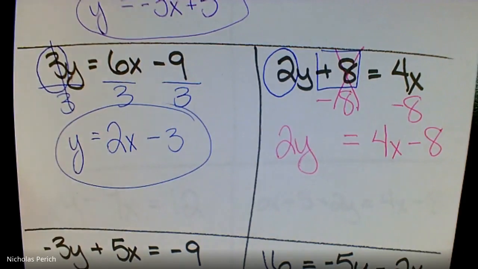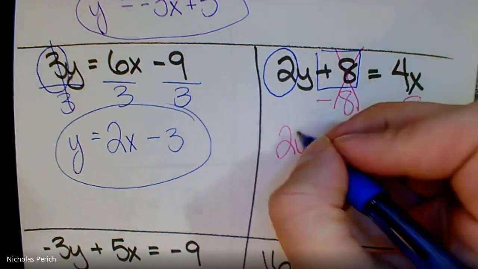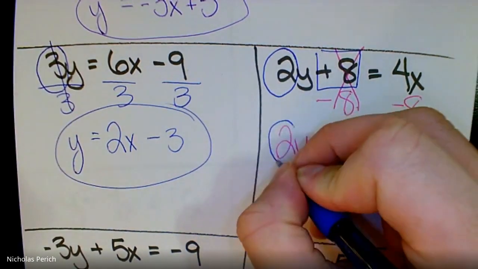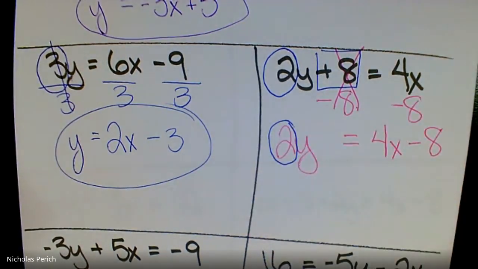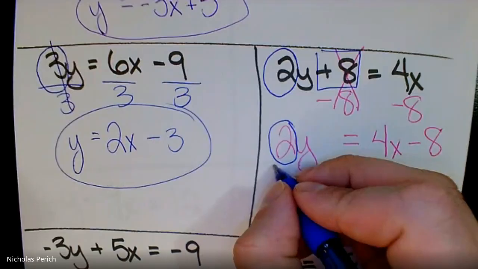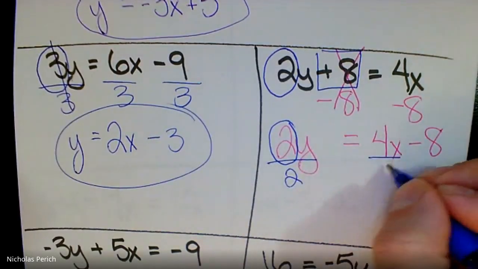Is y all by itself? No. What's in the way? 2, and it's attached to y. So how do I get rid of it? Divide. I'm going to divide everything by 2.